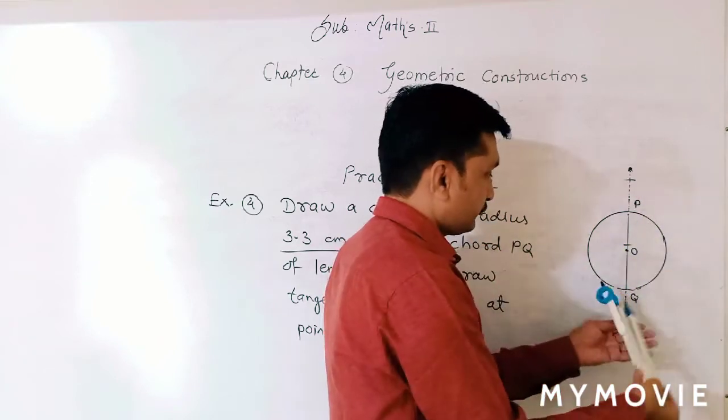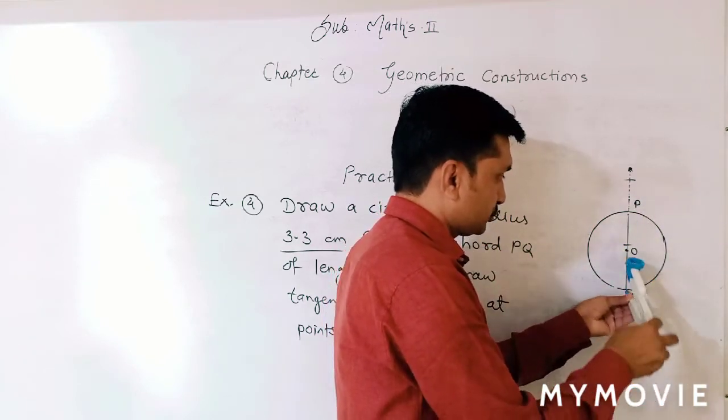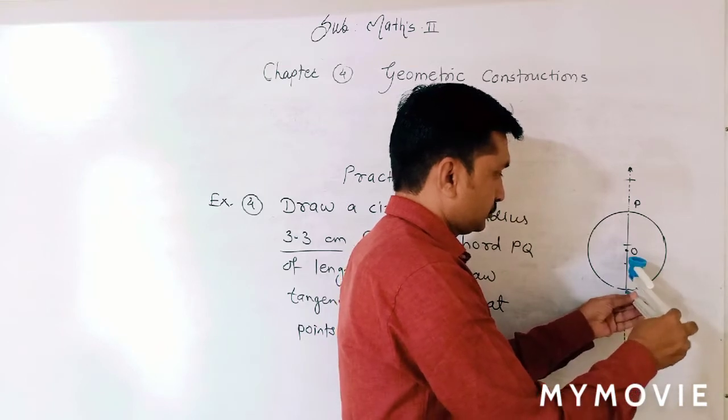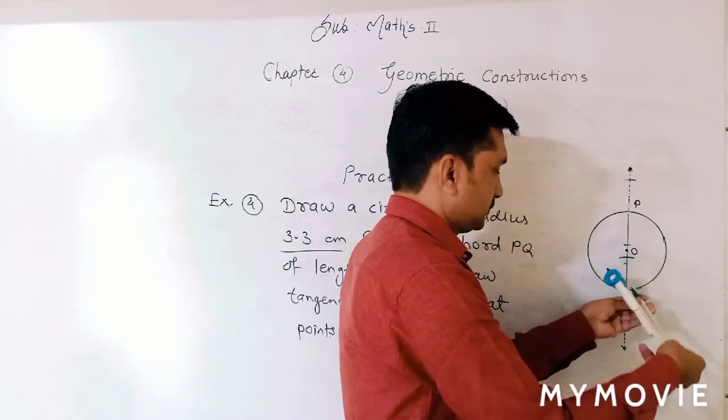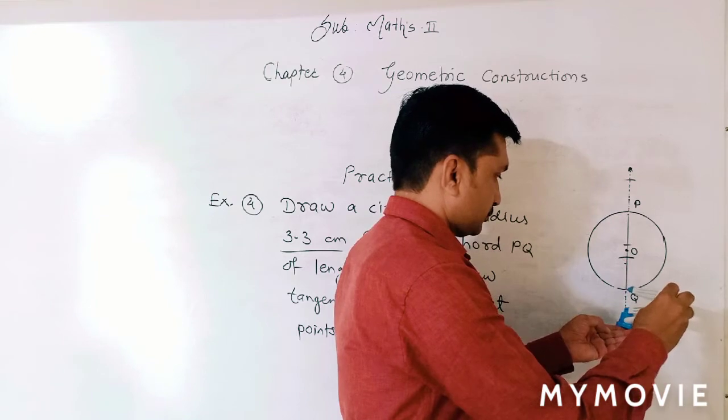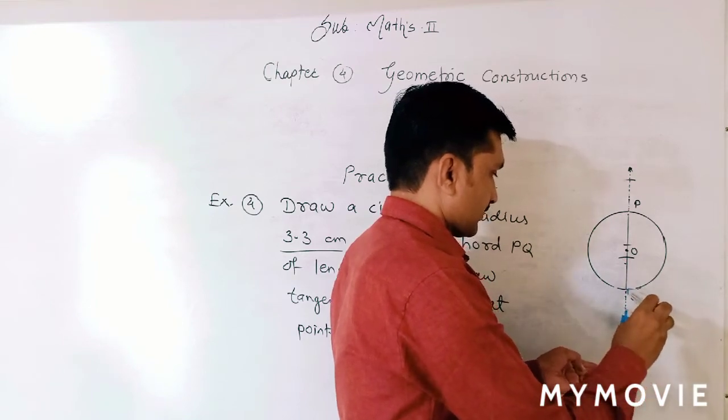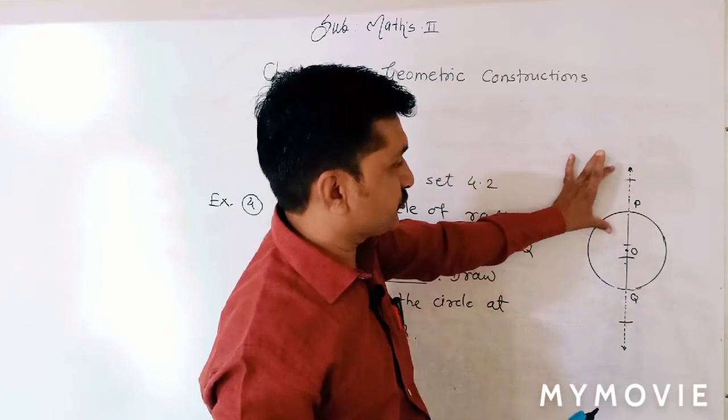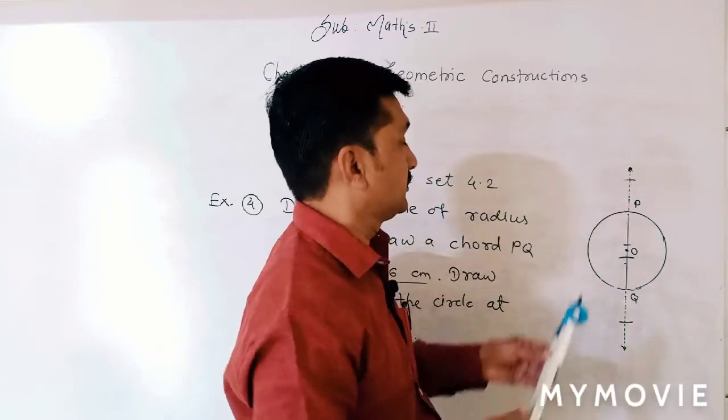In the same way from Q, one arc up and a second arc down. Okay, this is the fixed distance now, and this is the fixed distance.